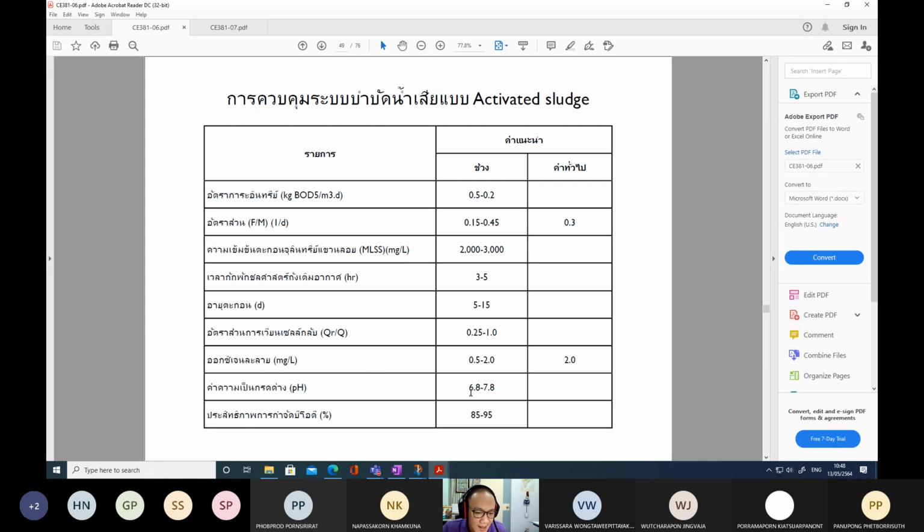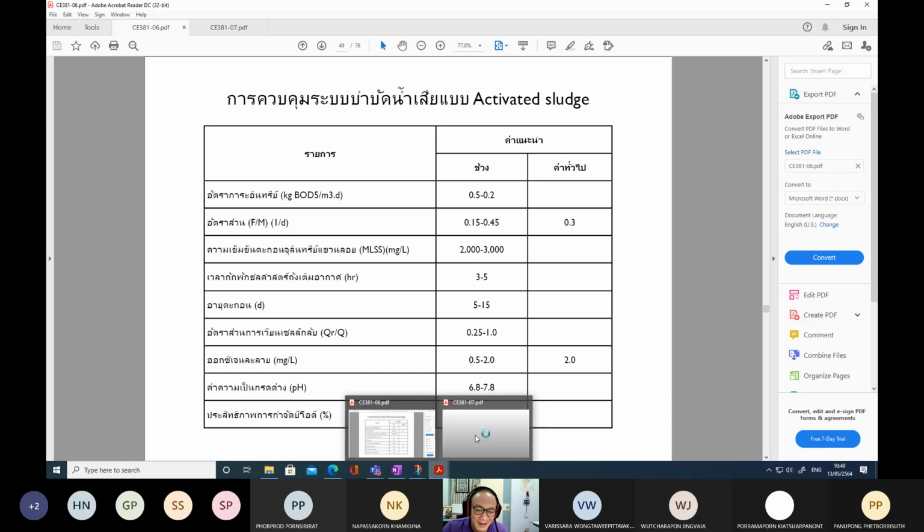They can actually tolerate slightly acidic pH compared to typical bacteria. Normal bacteria may not be very tolerant to such a low pH, but filamentous bacteria can grow very well.